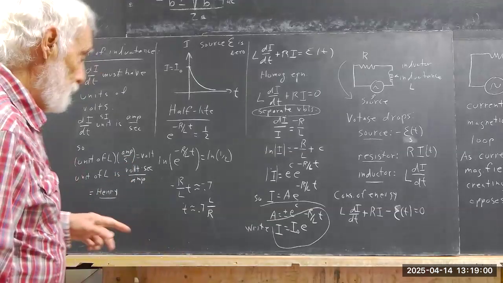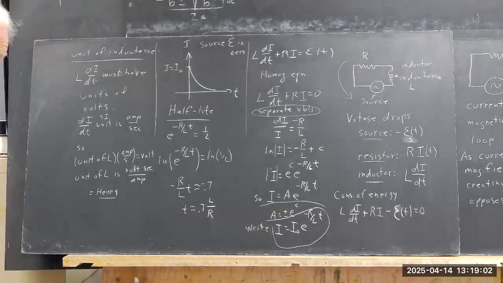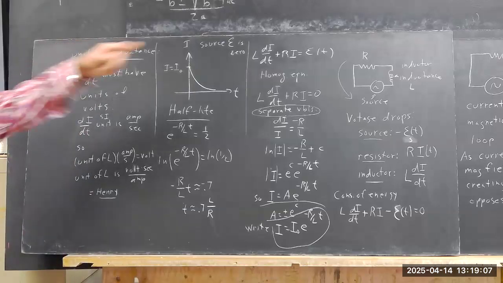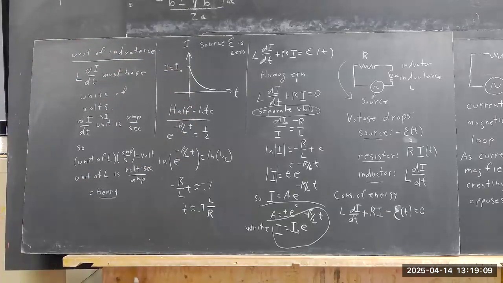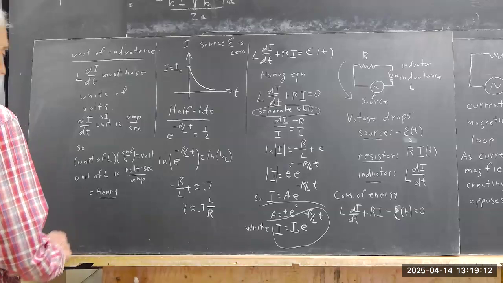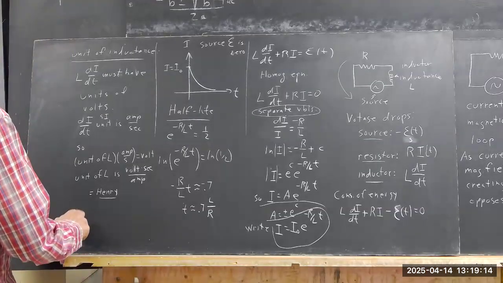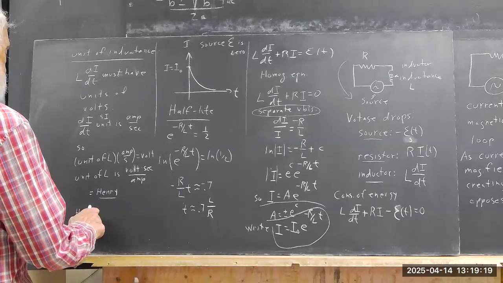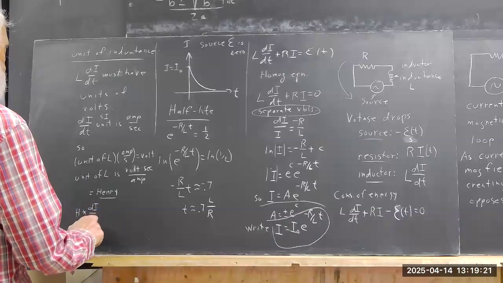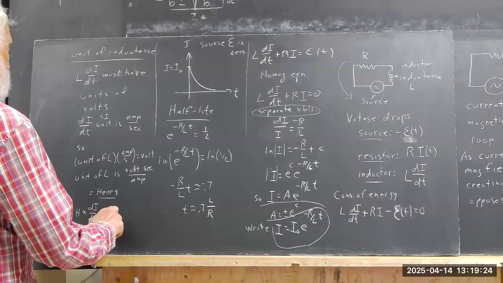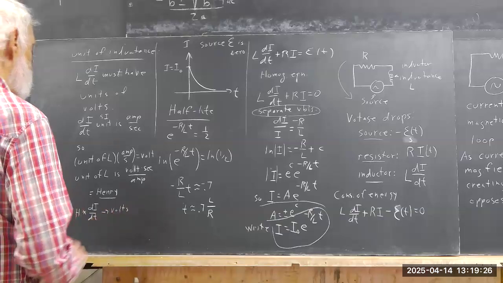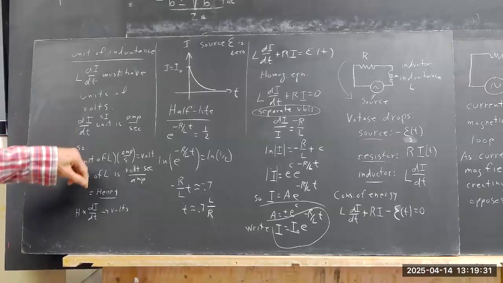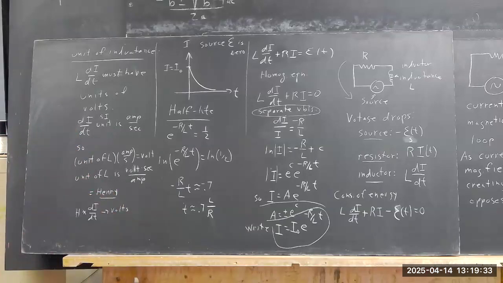Okay. So that's what a Henry is. It's what you multiply by dI/dt to get volts. So I'm taking a little poetic license. L in Henrys times the dI/dt is going to give you volts.